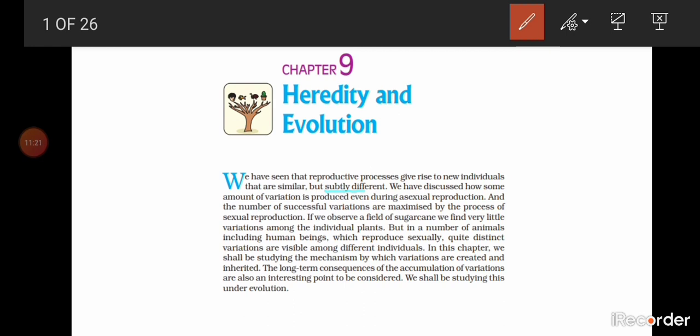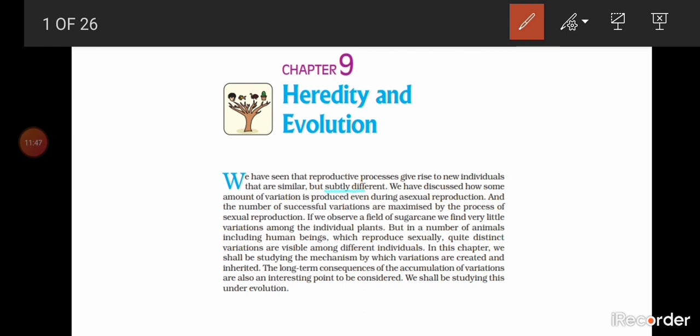We have discussed how some amount of variation is produced even during asexual reproduction. All those 100 sugarcane plants in this form also are not exactly alike. There are some slight changes because of environmental factors. So because of environmental factors, we are able to see variation even in asexual reproduction.